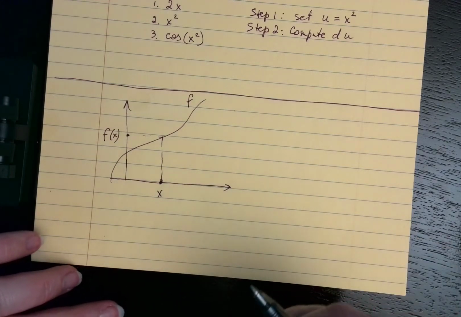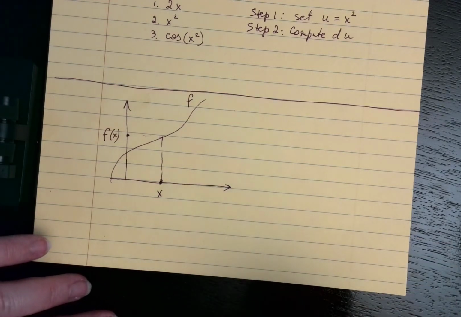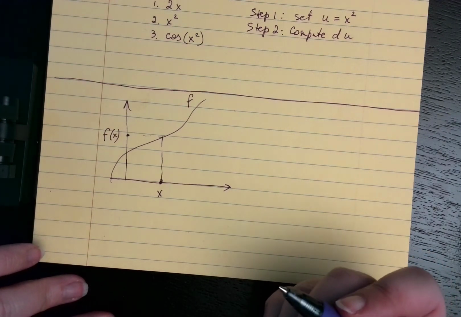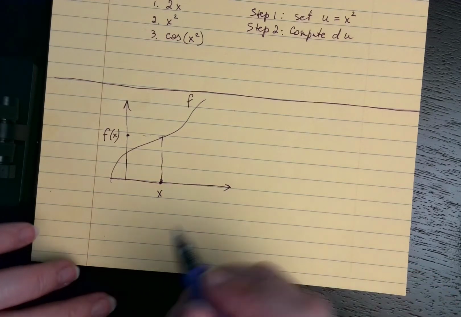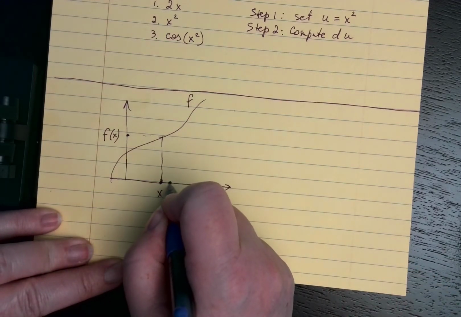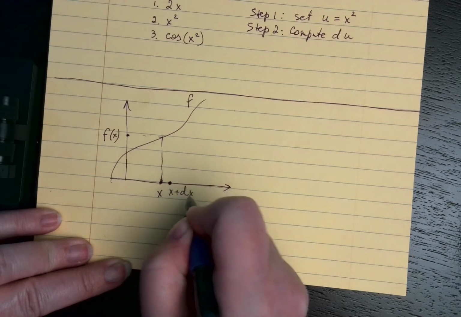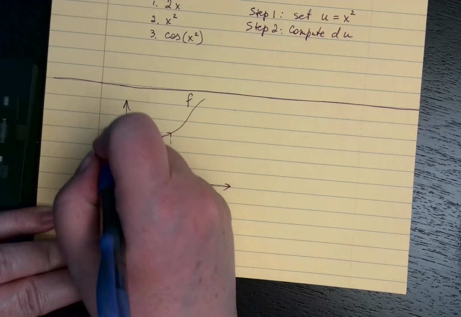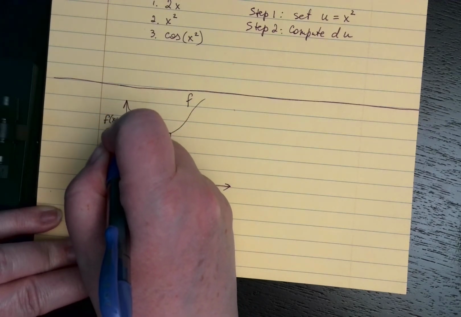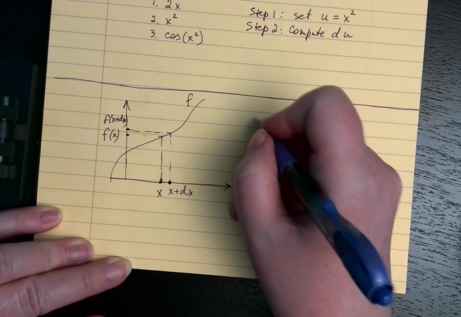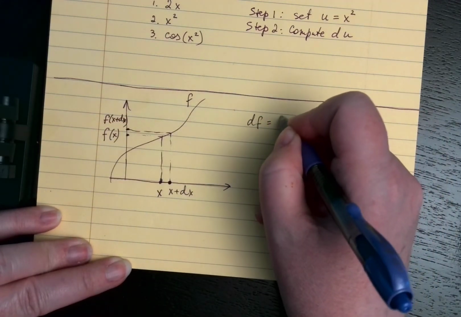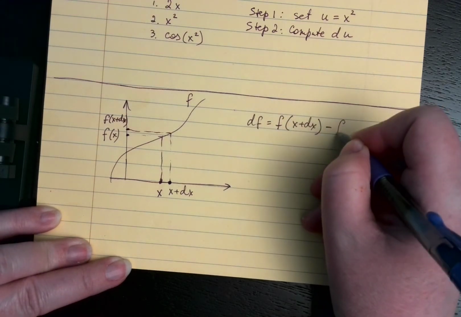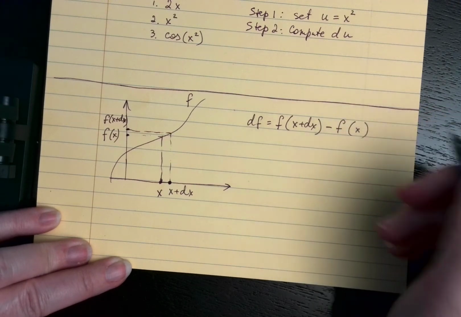By definition, the differential of f is the change in f when x changed by dx. So let's say that this point is x plus dx, and this point's y coordinate is going to be f of x plus dx. Therefore df is going to be f of x plus dx minus f of x.